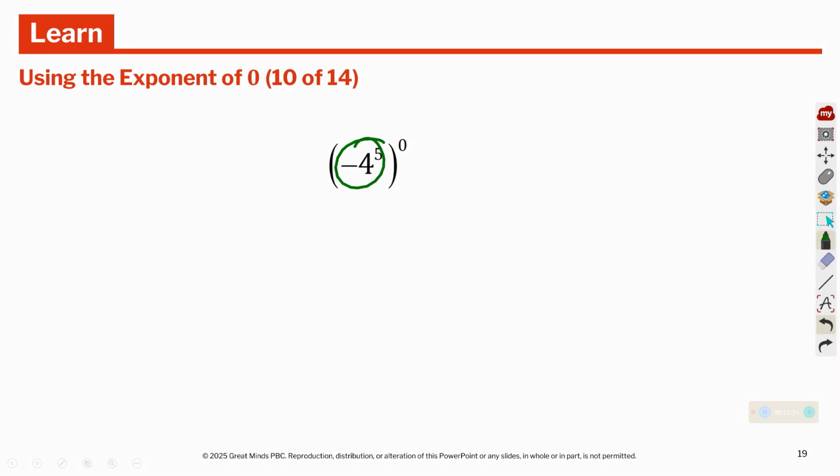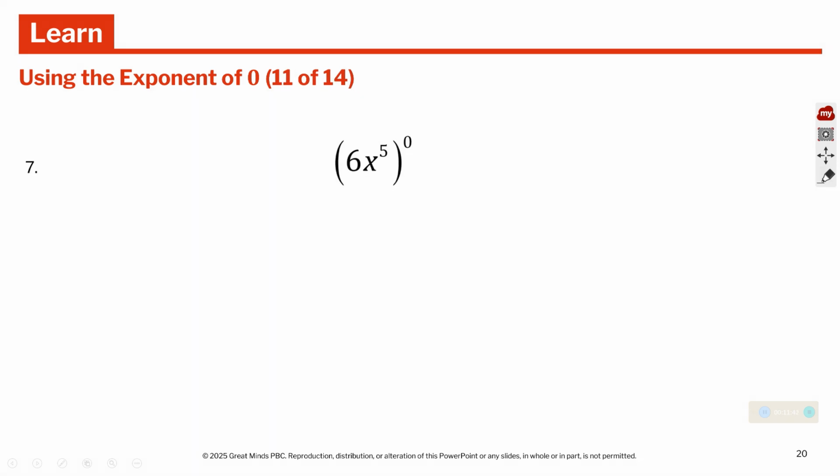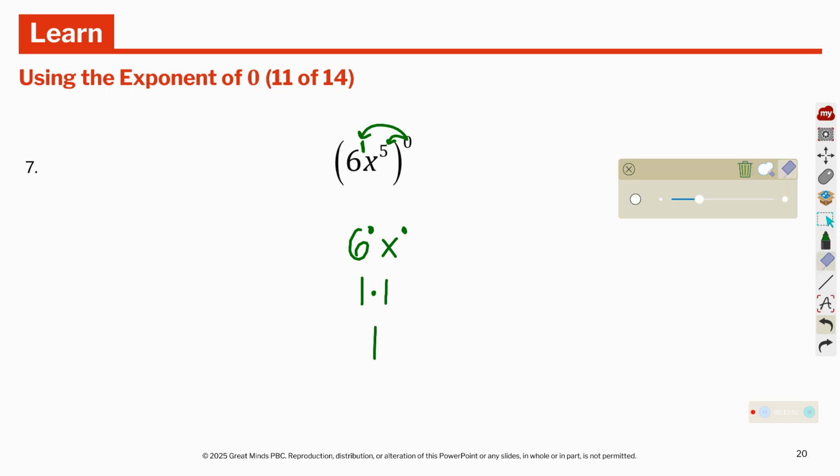This is to the 0 power, so it is 1. This has an invisible exponent. 0 times 1 is 0. 0 times 5 is 0. So this is 1 times 1 for 1 as a final answer.